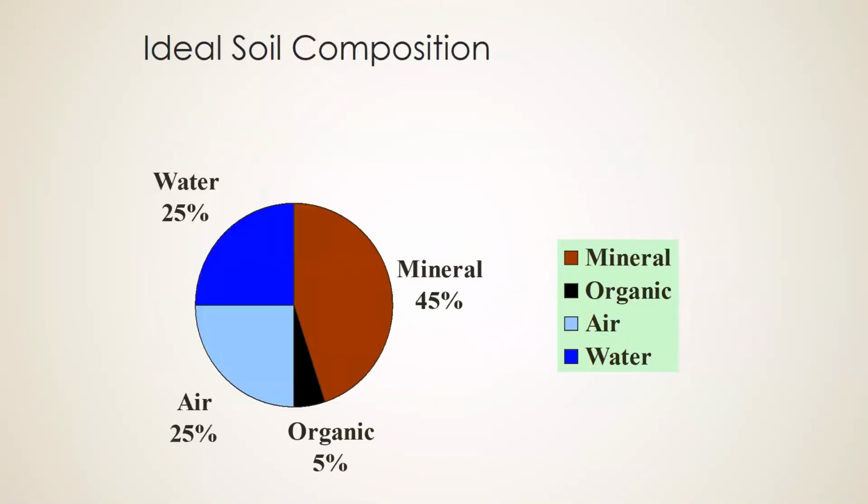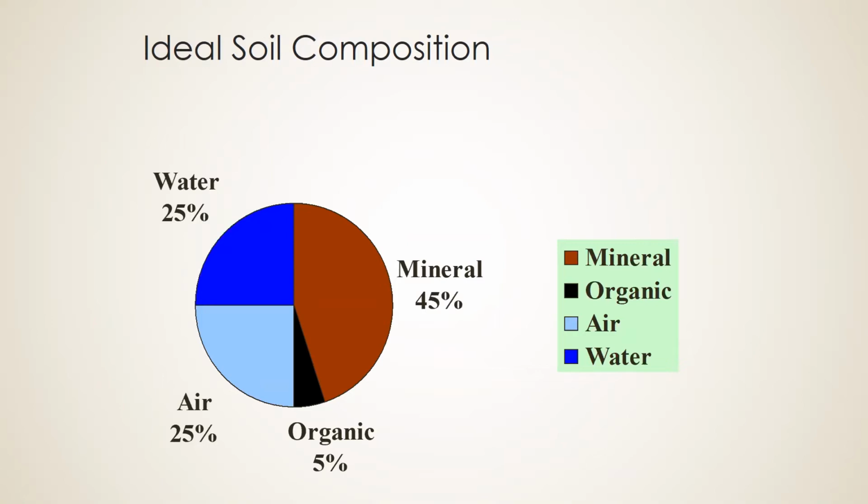So soil is mainly comprised of mineral material. That's the primary component, a little less than half. And in an ideal situation, we have 25% water, 25% gas or air porosity, and around 5% organic matter.